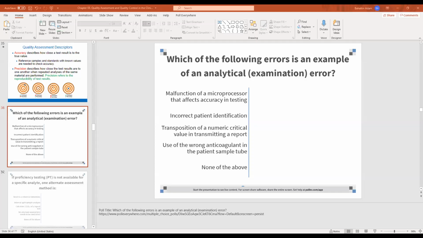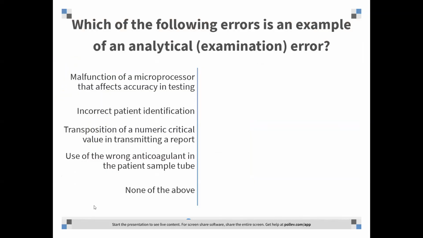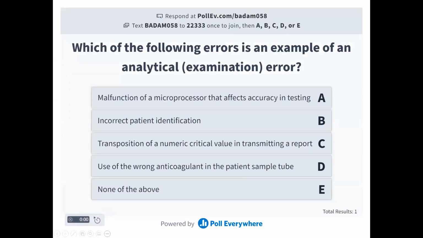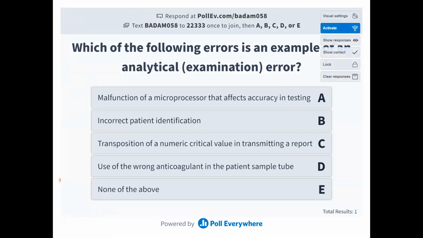And I have now here, okay, now let's continue with the rest of stuff.